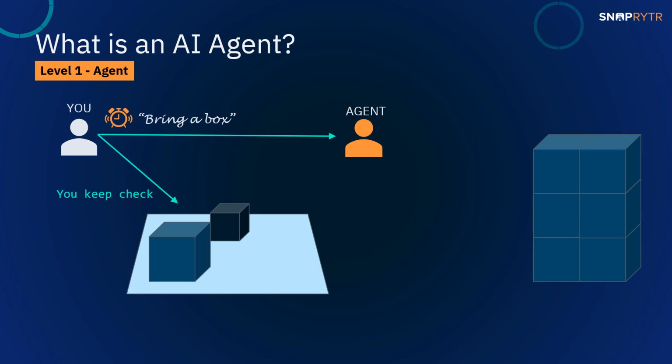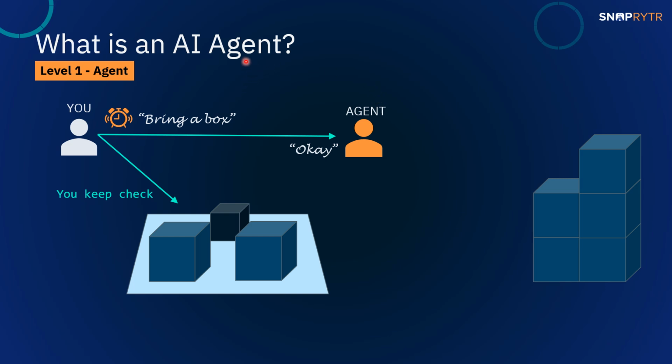Whenever there is a missing box, you keep a check of it yourself and ask the agent or the person to bring the box. So in this case, you are triggering the agent. Until and unless you command the agent to bring a box, it will not bring a box.